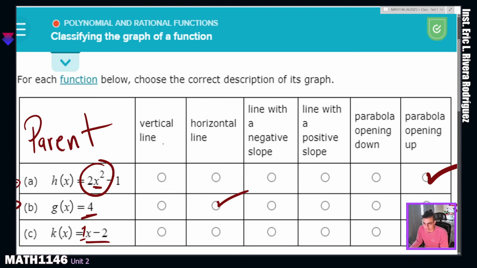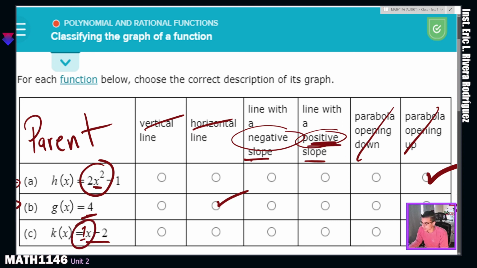We know that it is a line, but it's not vertical nor horizontal. It has a slope, but now we need to determine between negative or positive. It is not a parabola. The slope here is positive 1, so positive is the one. This one is discarded, and we got this.